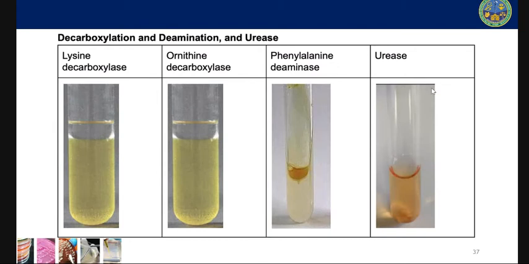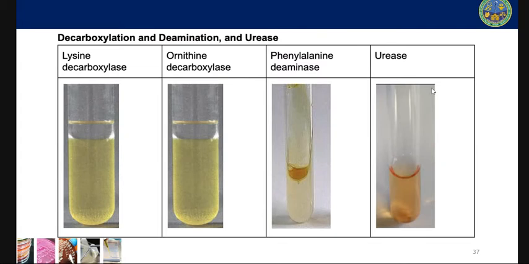So this would be negative. No change in color or purple color denotes positive under decarboxylation. For phenylalanine deaminase, the positive color is green, at times called olive green. And for urease testing, you have a pink color reaction if this is positive.